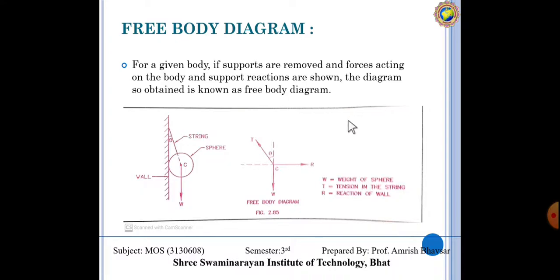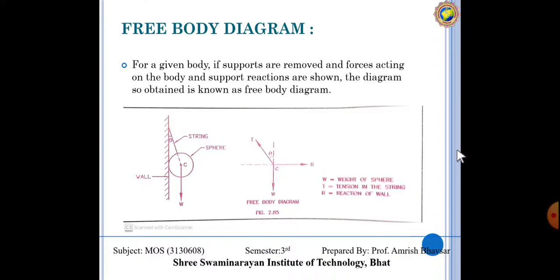Suppose I am talking about the fan. The fan is hanging on the ceiling with the help of a hook, but the fan is in a stable position because the ceiling is going to give a reaction.